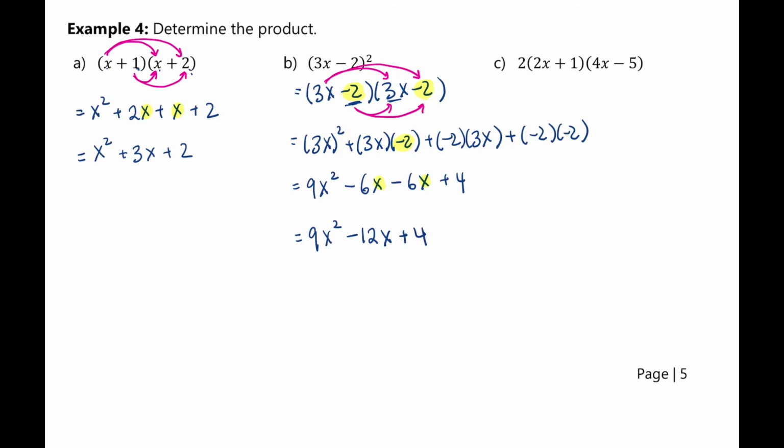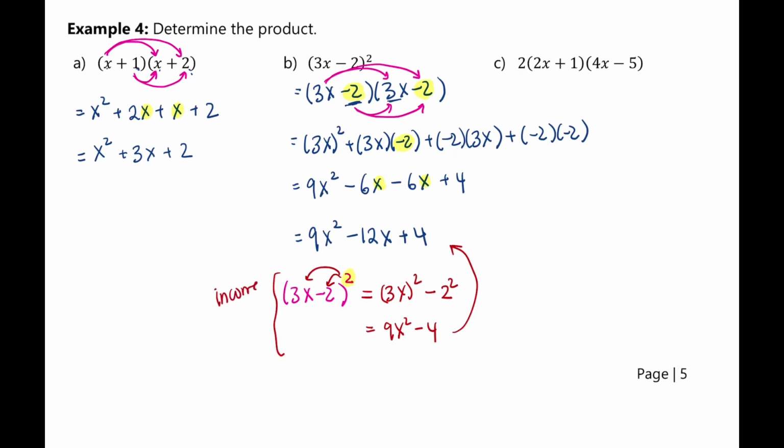And I'll show you why having this exponent 2 distributed into the expression is incorrect. This is wrong because we get 3x all squared minus 2 squared, which is just 9x squared minus 4. So you know this is incorrect.